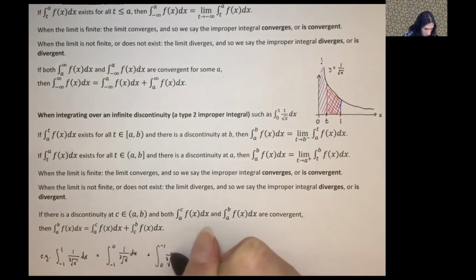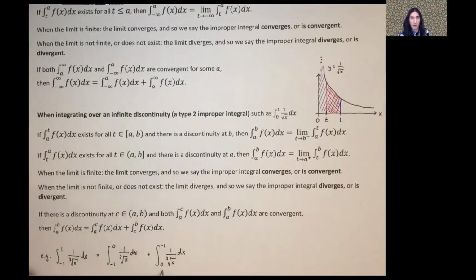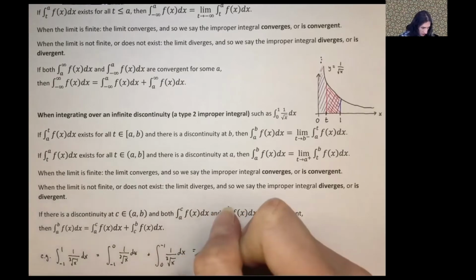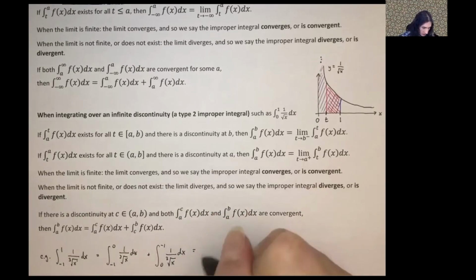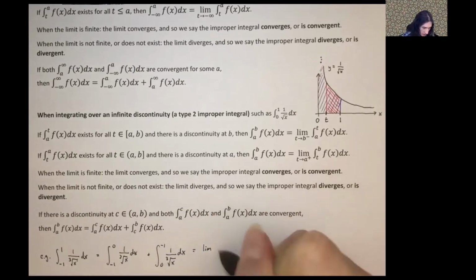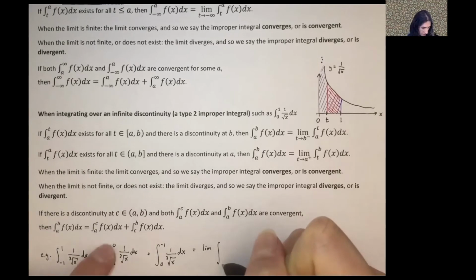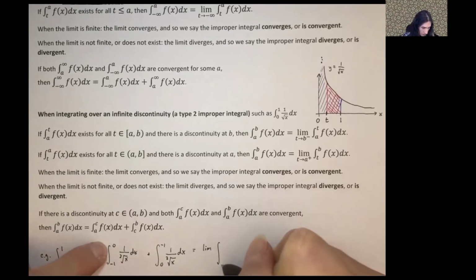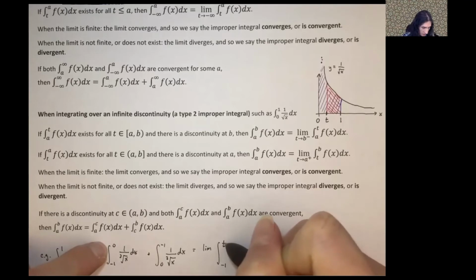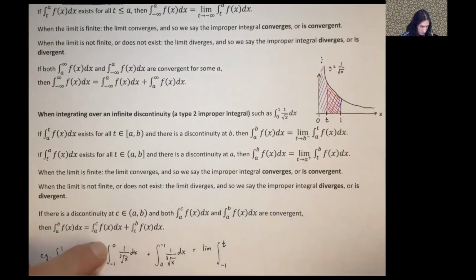And again, I have to choose 0 here because that's where the infinite discontinuity is for this function, 1 over cube root of x. And so each one of these integrals needs to get evaluated according to a limit, right? So in the first integral, the problematic point is at 0, so I'm going to have to take a limit there, and t will have to approach 0 from the left for this integral.